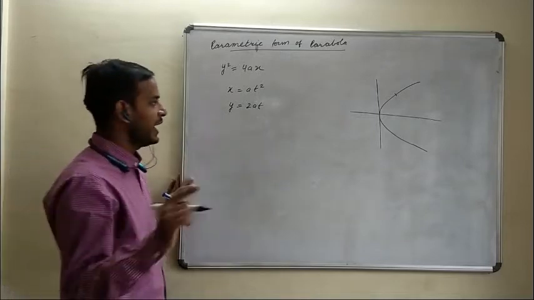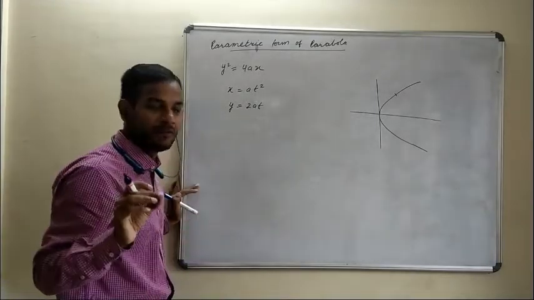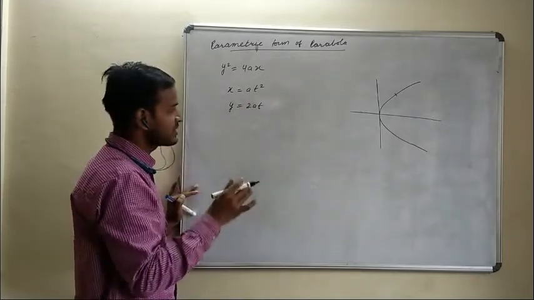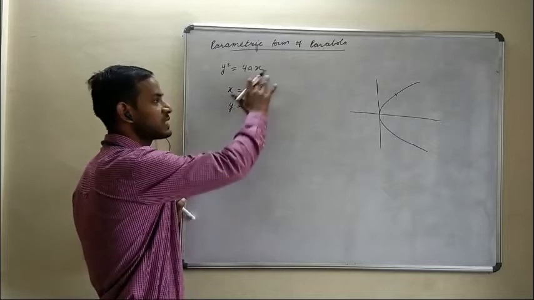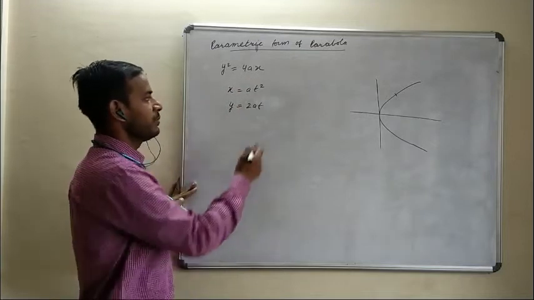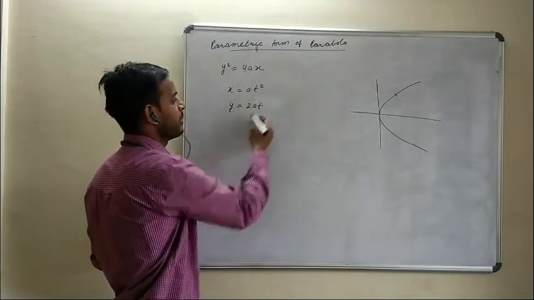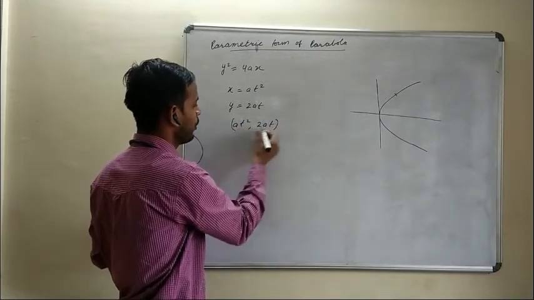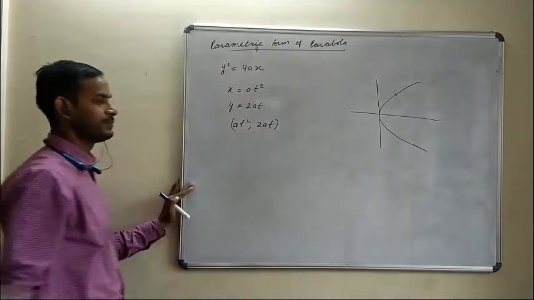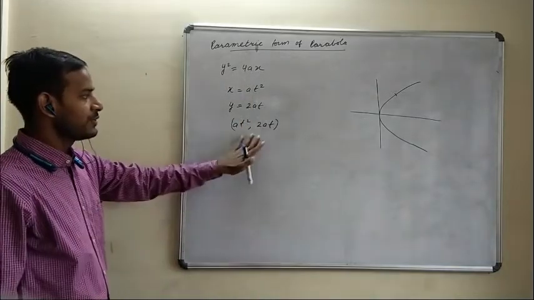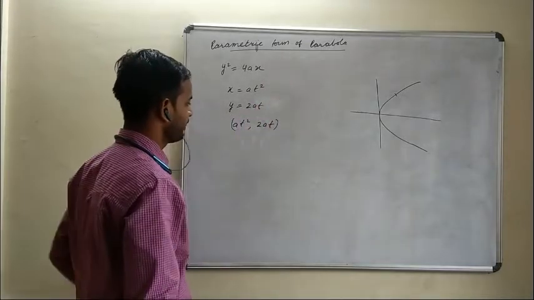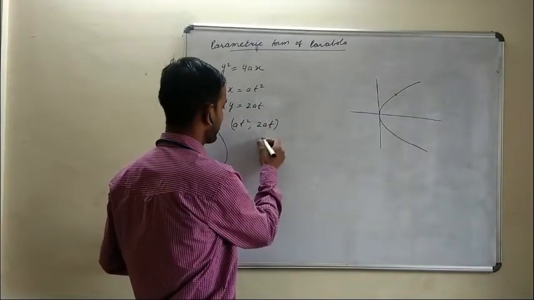So for any value of t, this particular point (at square, 2at) will always lie on the parabola, because it always satisfies this equation.